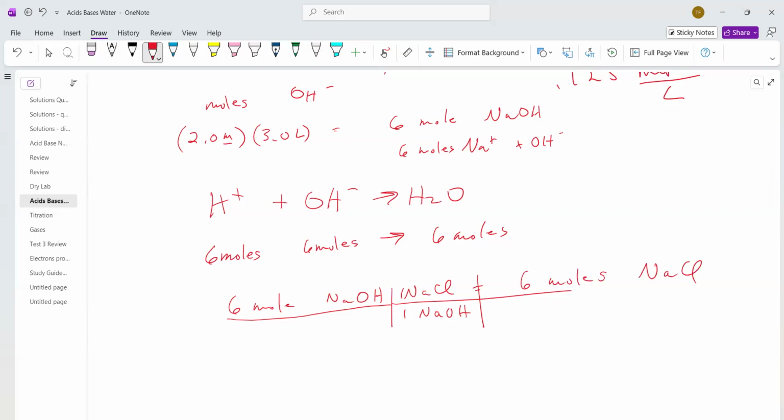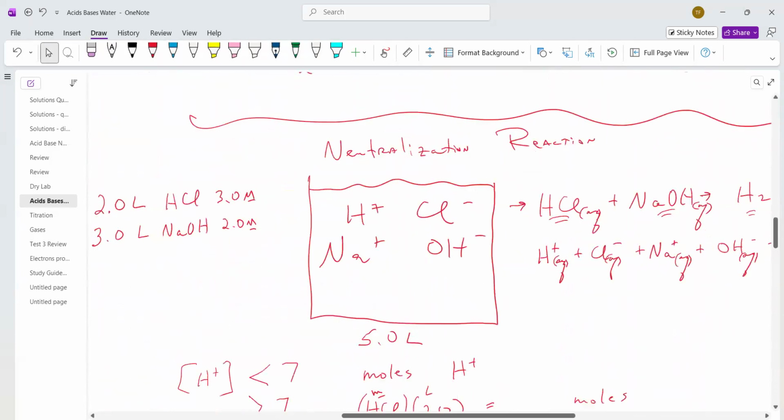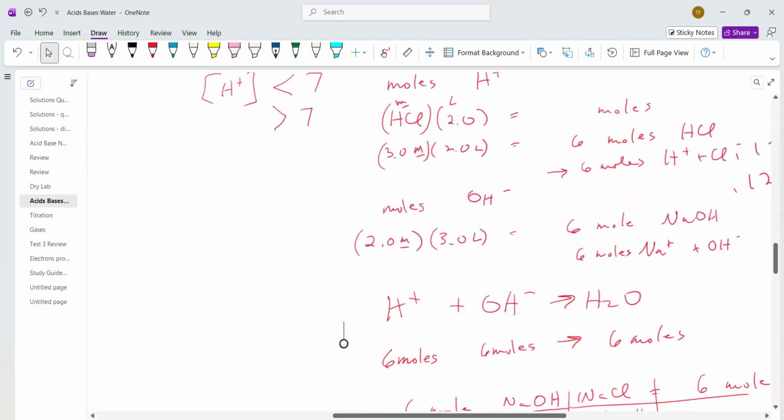Now, we can also screw this up. Instead of having these nice numbers here on the acid and base, we could change it up and actually calculate whether this is going to be a basic solution in the end or an acidic solution in the end. So let's do that.